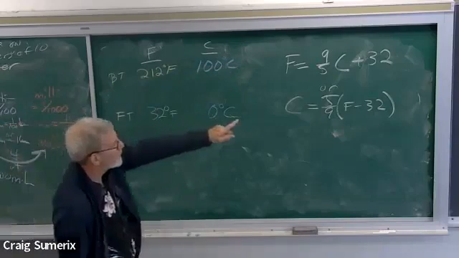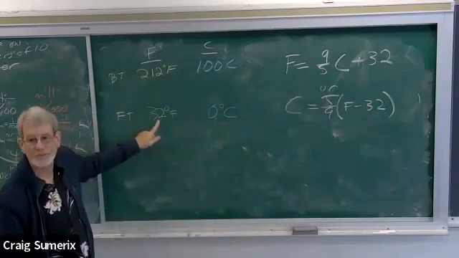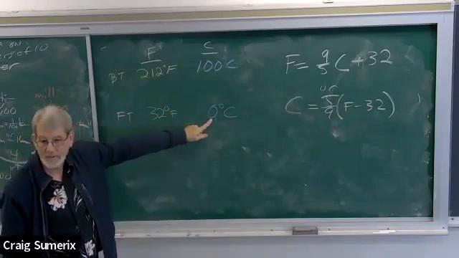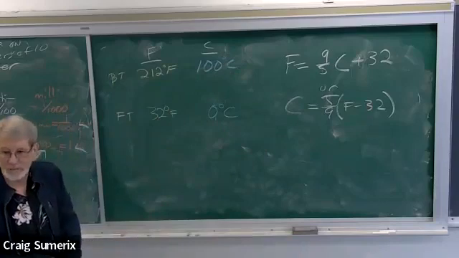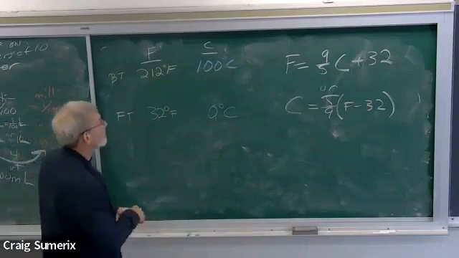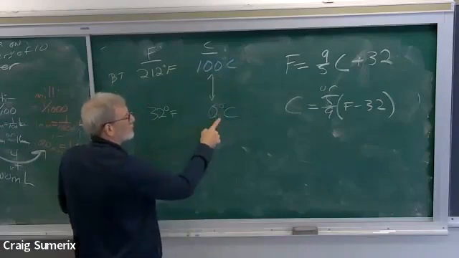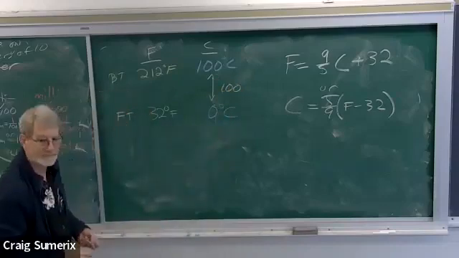So do you see where the 32 comes from? All of the Fahrenheit numbers are 32 higher than the metric. But where do the fractions come from? What's the difference between those two numbers? 100, right?